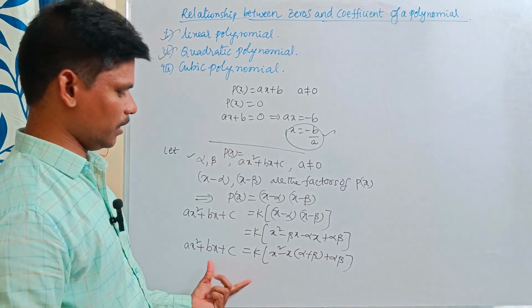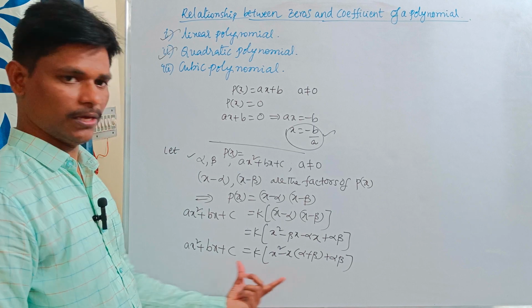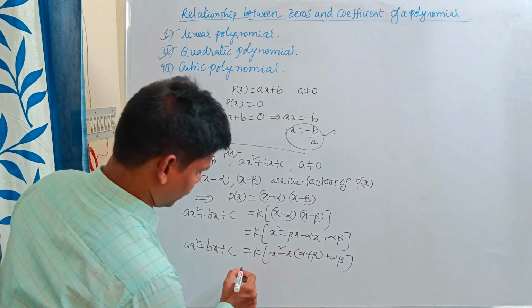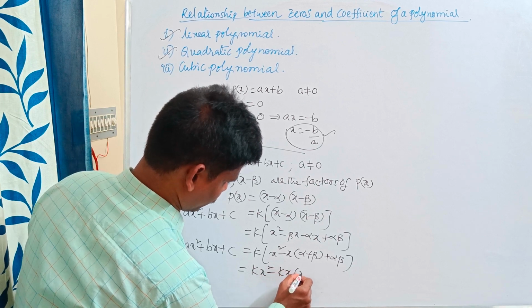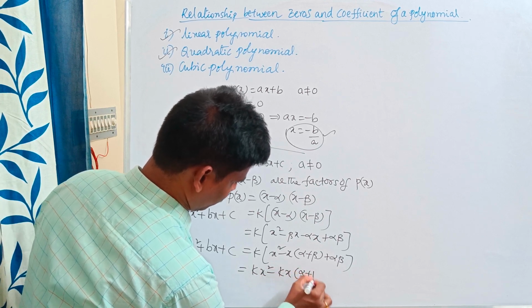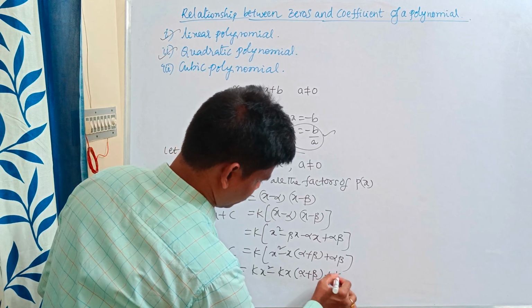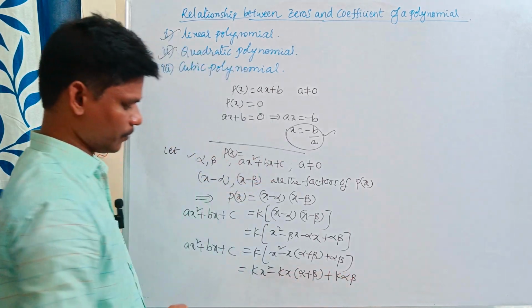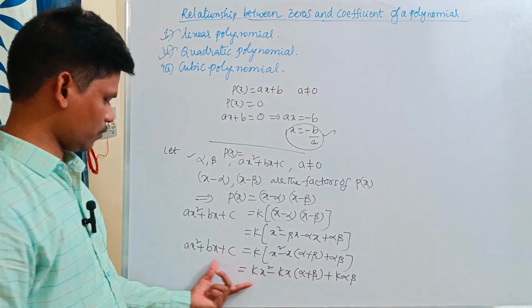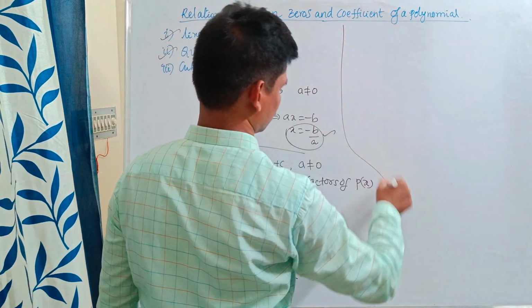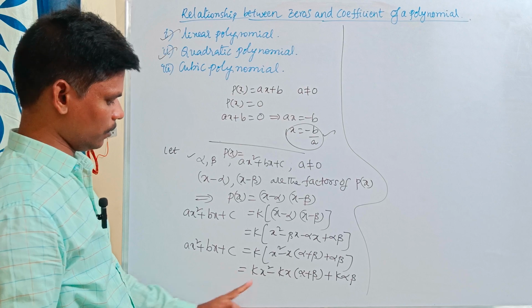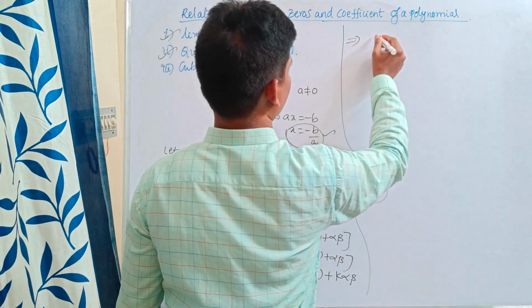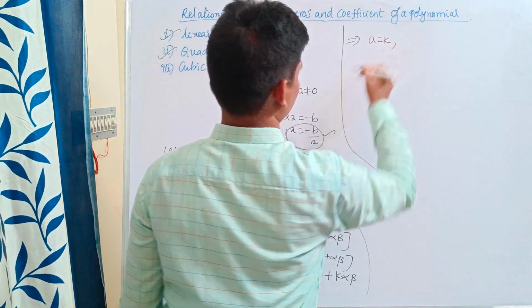Comparing the coefficients with ax square plus bx plus c: we have k x square minus k into alpha plus beta times x plus k alpha beta. Comparing the x square coefficient, a is equal to k.